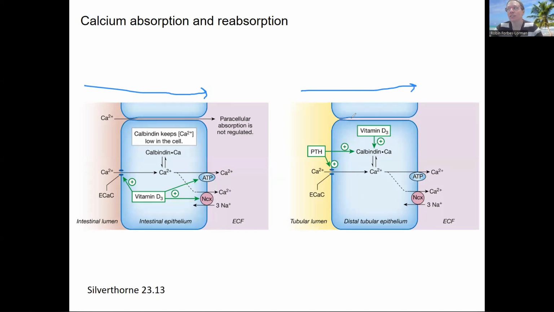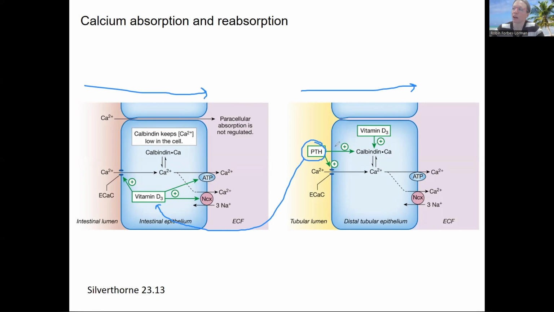So the idea here is very similar mechanisms. PTH is the output signal. It's not shown on the left, but it actually is one of the stimuli for vitamin D synthesis. Vitamin D, we haven't talked about a whole lot. You've probably heard of it. Our body makes it, really important, especially for absorption of calcium.